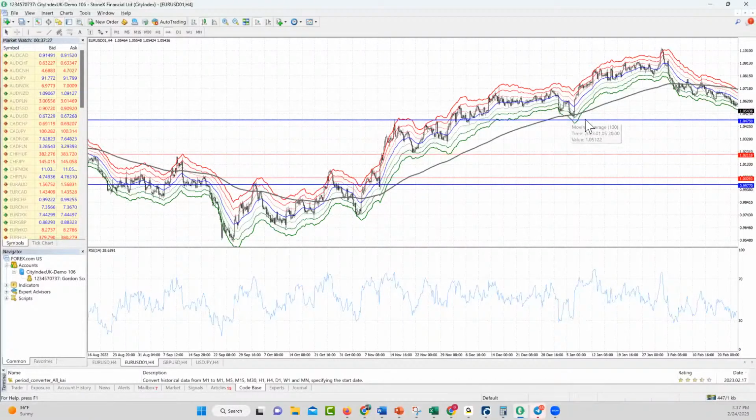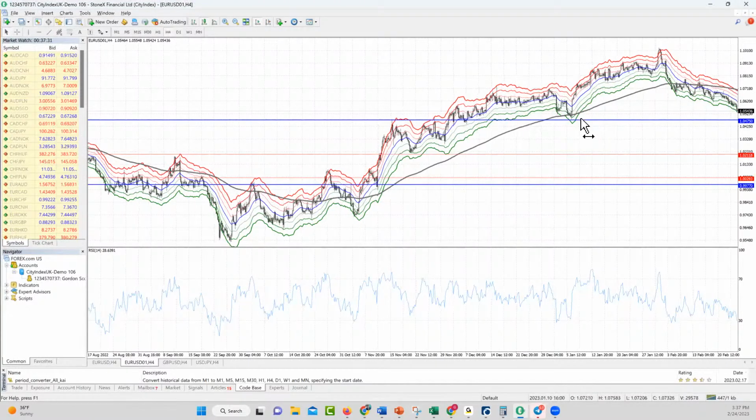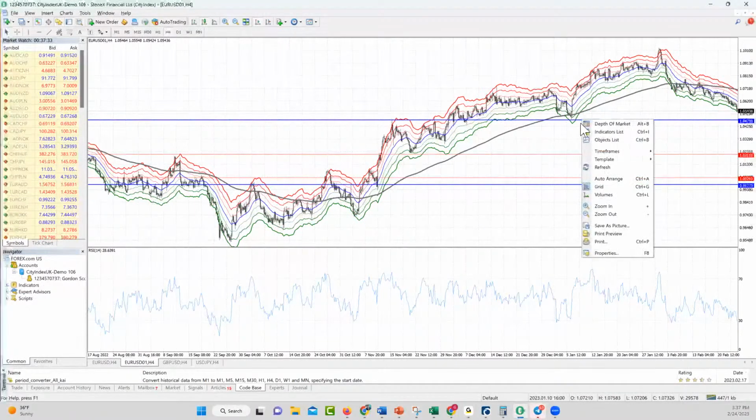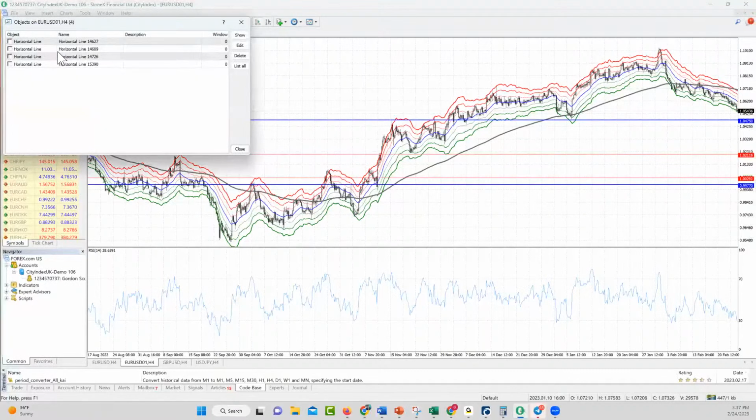That one right there, see how that comes down? I'm trying to get that line to fit in there, and I can't seem to move it.